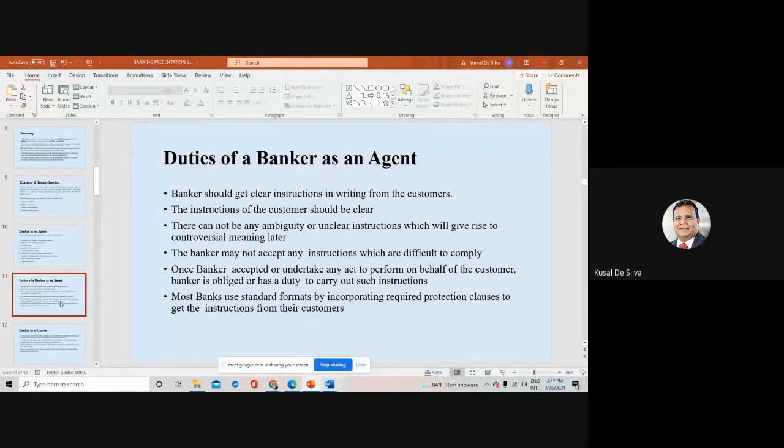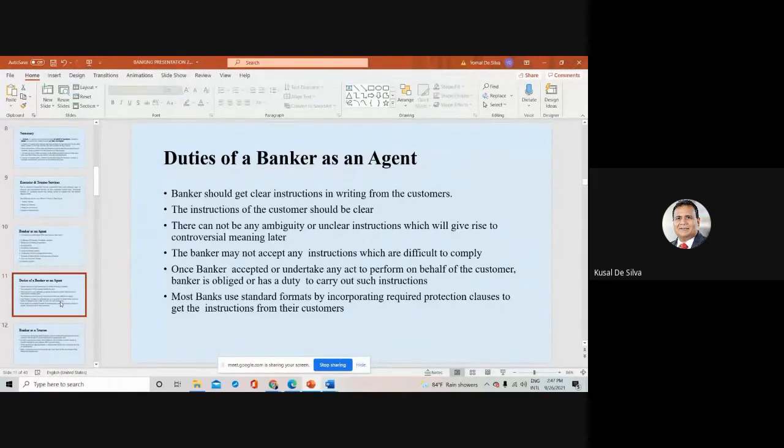Most banks use standard formats, incorporating the required protection clauses, to get instructions from their customers. All of us are using standard formats for customers to give us their instructions in writing.